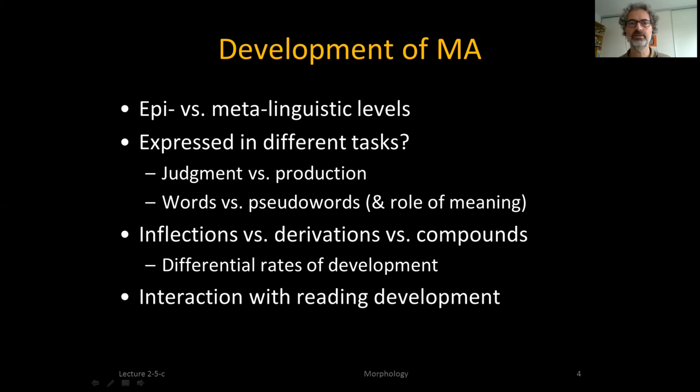It takes longest to complete. So full-blown metamorphological awareness of derivational processes is the most challenging one and the one that is acquired last. Indeed, it is the one that seems to be most strongly related to the reading development process itself.